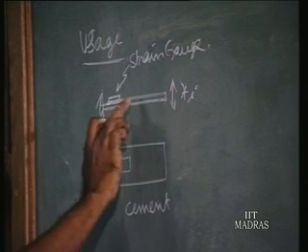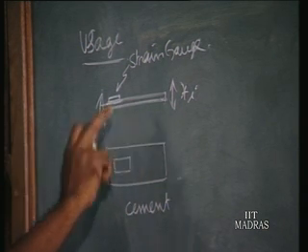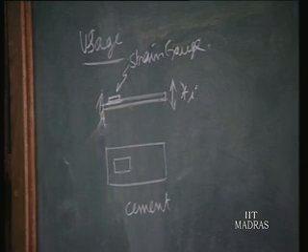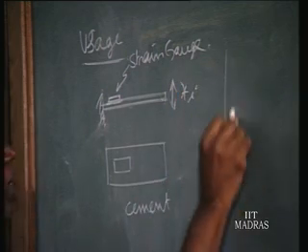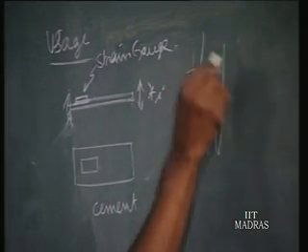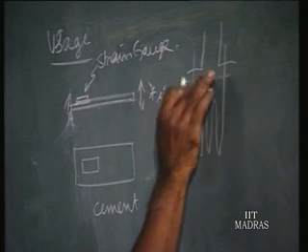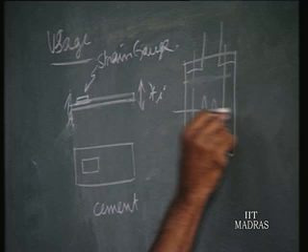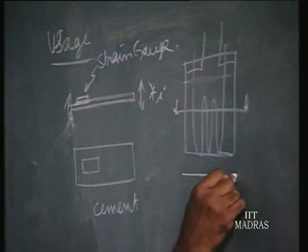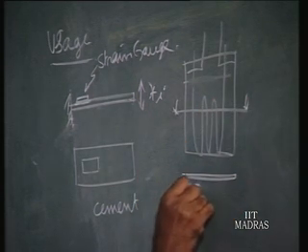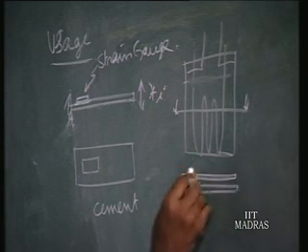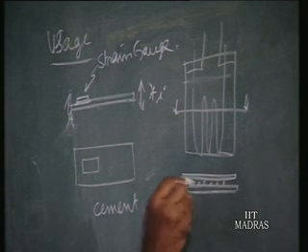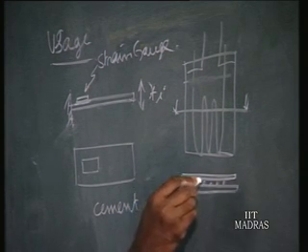That means whatever strain occurs in the base metal or the cantilever will be transferred to the strain gauge. It is because, as you have seen, the flat grid is embedded between plastic or paper packing. If you cut a section here, you find the paper, then another paper, and in between the cross section of the wire, and the space between the wires is filled up with cement.